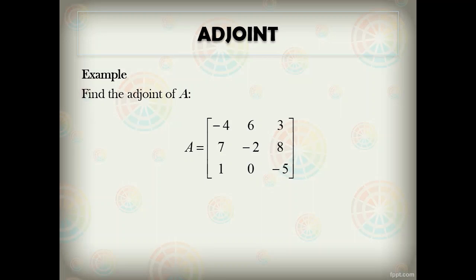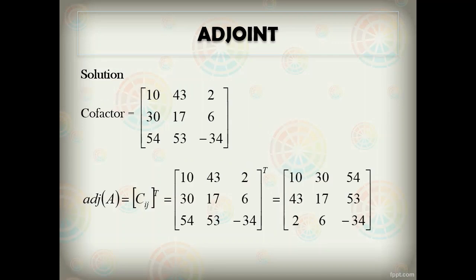So in order to find the adjoint of matrix A, we just transpose the cofactor of matrix A.